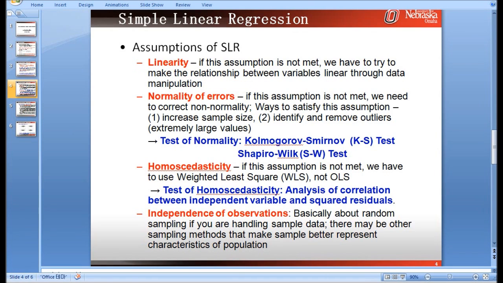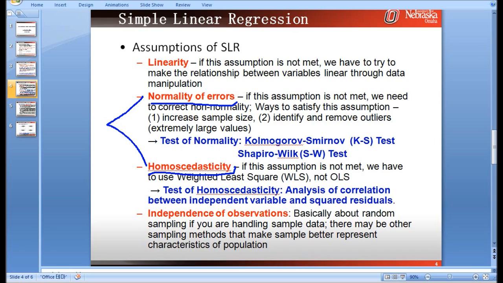The second assumption here is normality of errors. And the third assumption here, homoscedasticity.